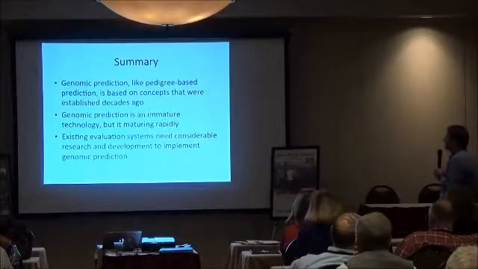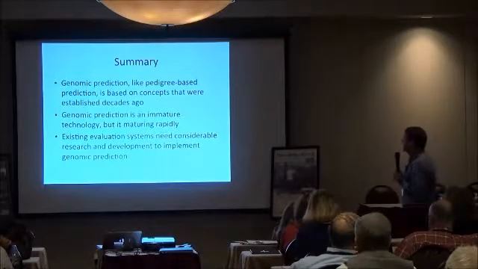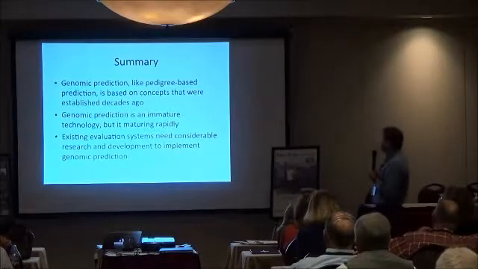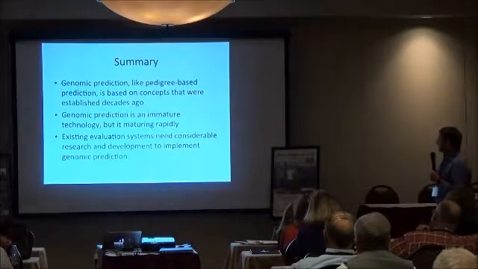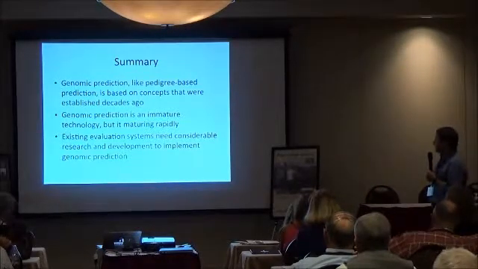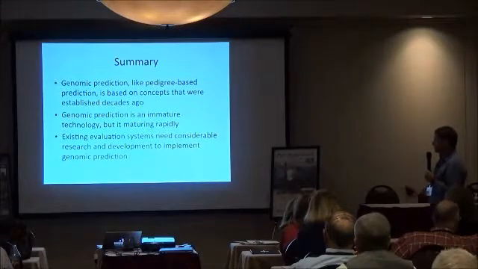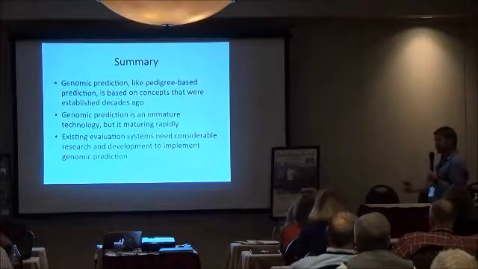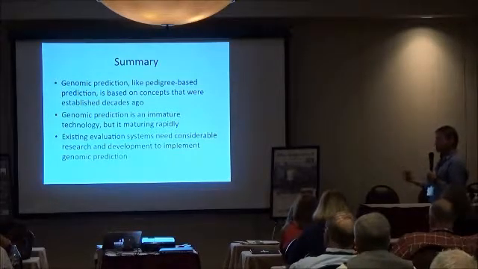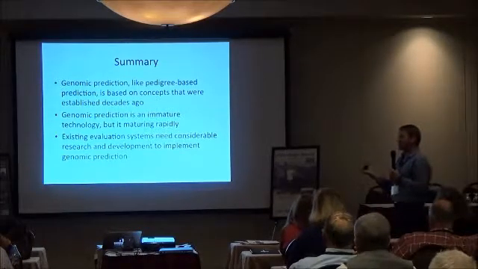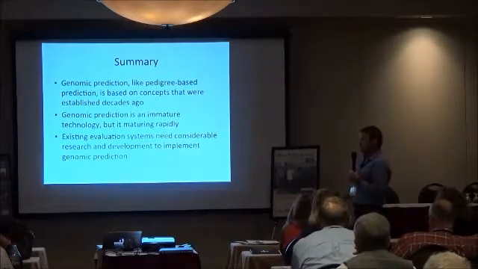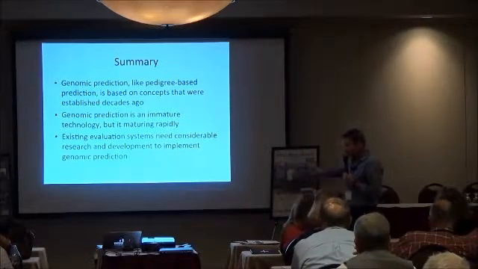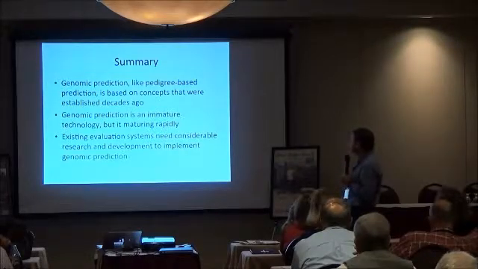It's based on concepts that were established decades ago. So right when the original idea of what might explain differences in EPDs between progeny tested bulls was summing up the effects of the genes, but nobody knew how to see the effects of genes or sum them up. So that method just sat in textbooks for 50 years until Illumina came out with a cheap way of doing all the SNP genotyping right through.